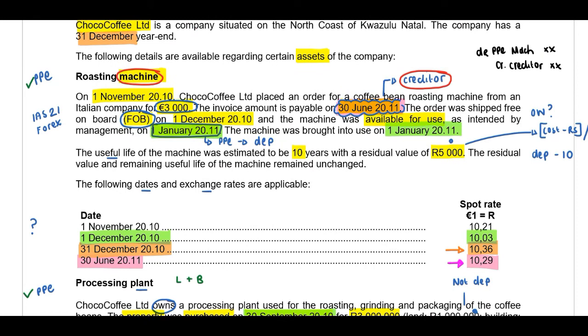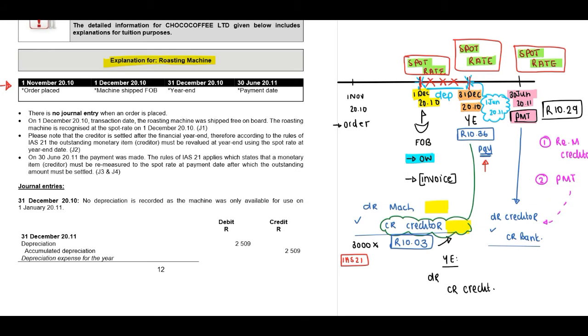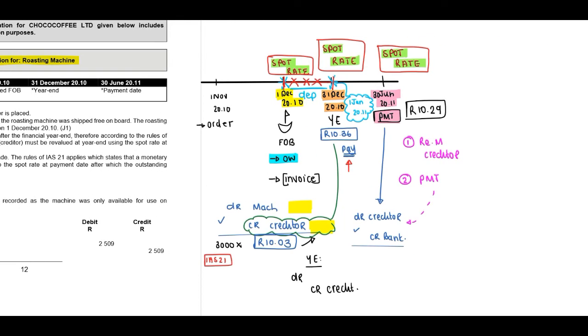Now, I know when you look at the left side, I have my roasting machine, which I have recognized in part 1. Therefore, if you refer to our part 1 timeline, on the right side of your screen, we now need to extend our timeline here up until 31 December 20.11.